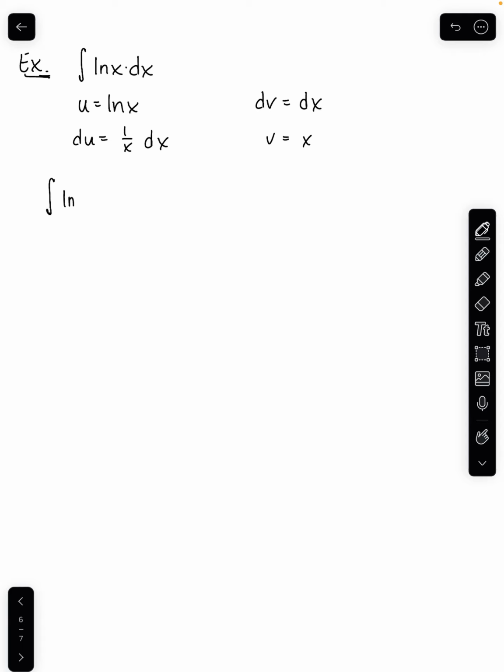So our integral of the natural log of x dx is going to be equal to u, which is the natural log of x, times v, which is x, minus the integral of v times du.